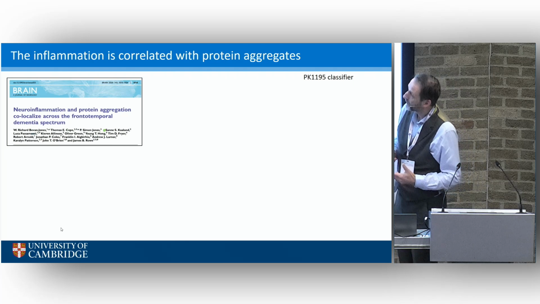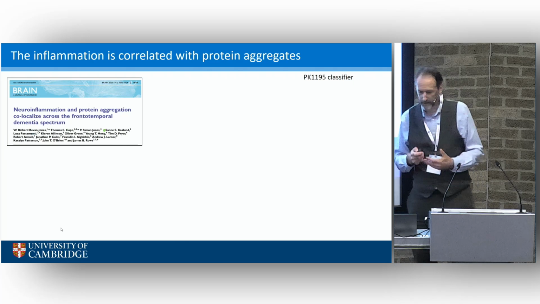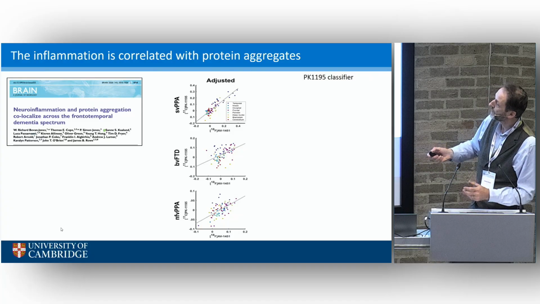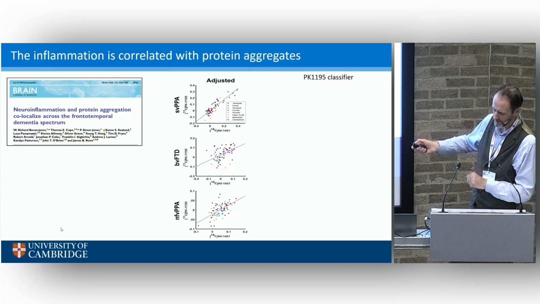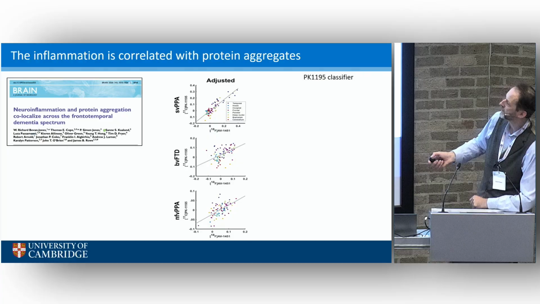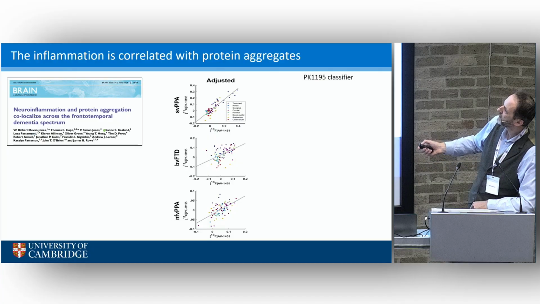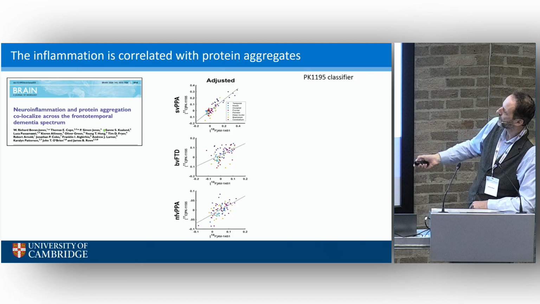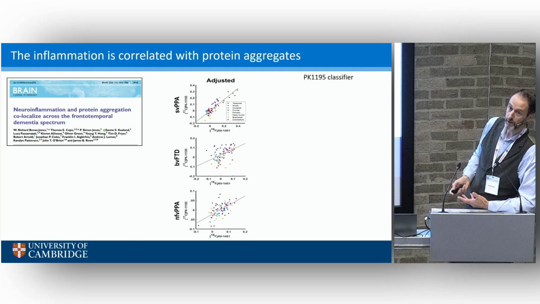Let's come back and think about this co-localization again. I showed a sort of summary in PSP before, and there's concerns around the ligand in PSP, its affinity, but less so in these disorders. If we look at the molecular signal from the AV1451 PET ligand, and we look at that in relation to the inflammatory signal on the PK1195, we see in each of these three variants a very strong positive correlation.